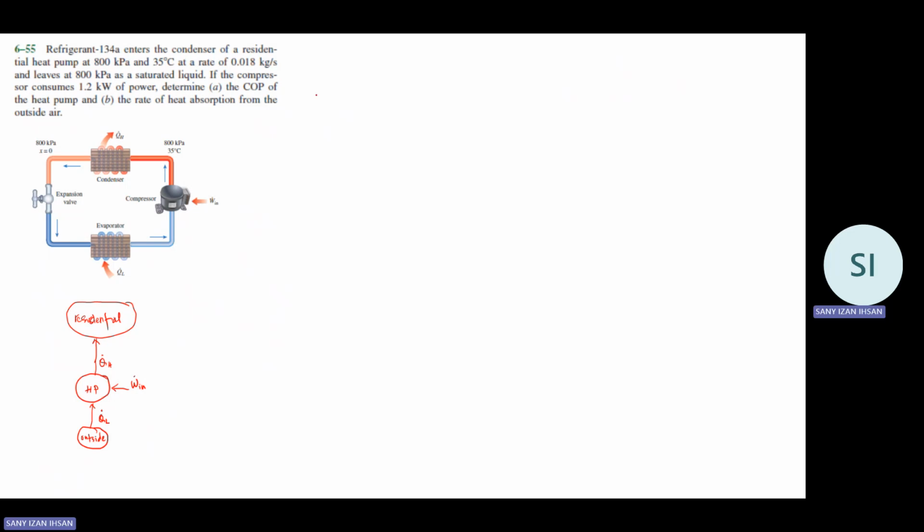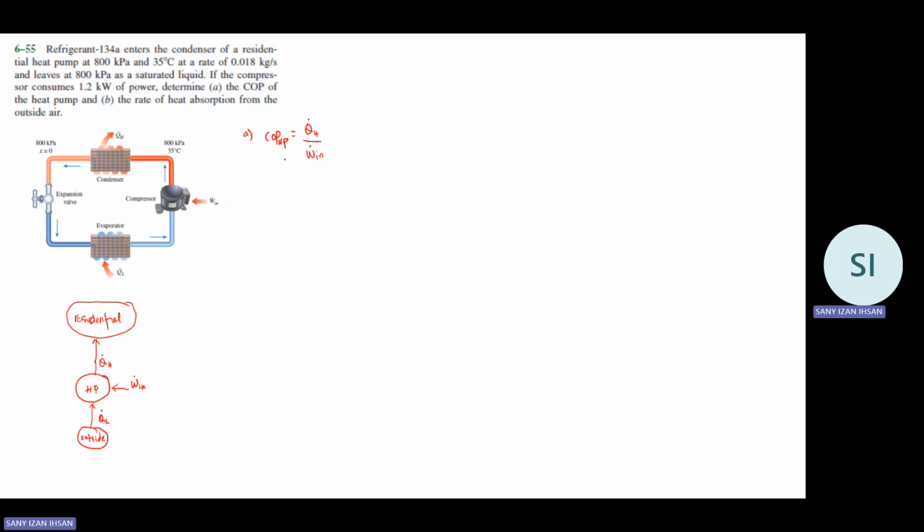So the first part, A, is to find the COP of the heat pump. We know the COP for a heat pump; we are interested in supplying the hot air to the residential space. So this one should be Q_H dot divided by the amount of work required, indicated as W dot in.